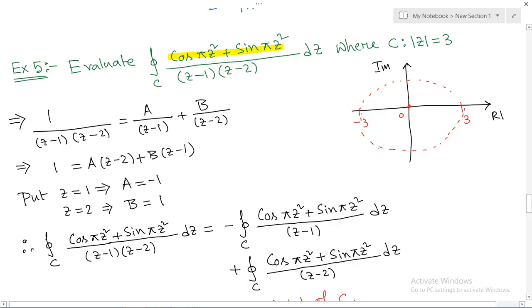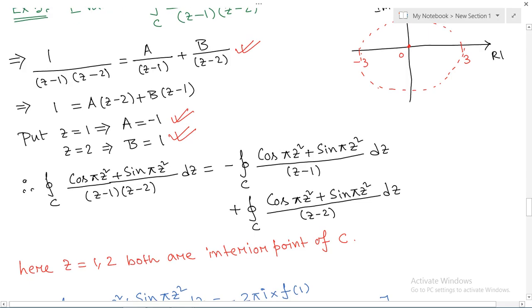Now again, it is not in the structure of Cauchy's integral formula, so we have to first do the partial fraction. In the same manner that we did the partial fraction for the previous question, we have the partial fraction and the values of a and b. After getting this, we split the integration into two parts as per the partial fraction. For the first integration, we see a problem by putting z equal to 1, which is an interior point, not an exterior point.